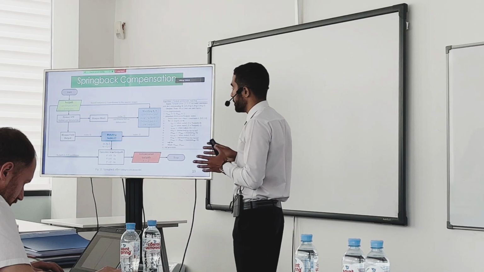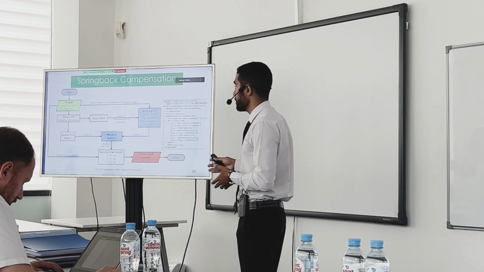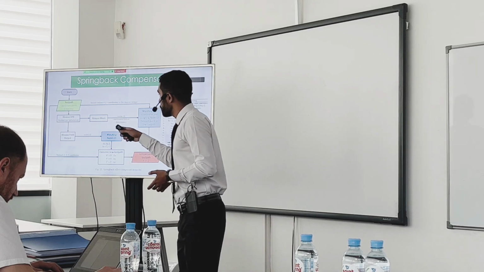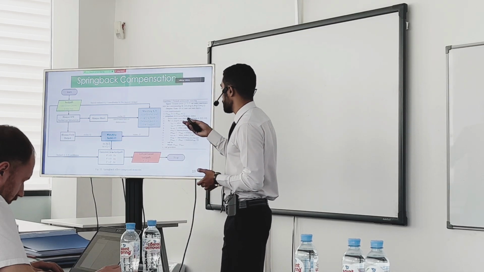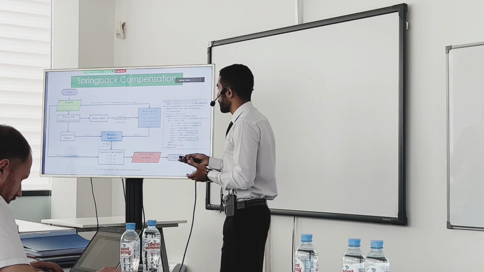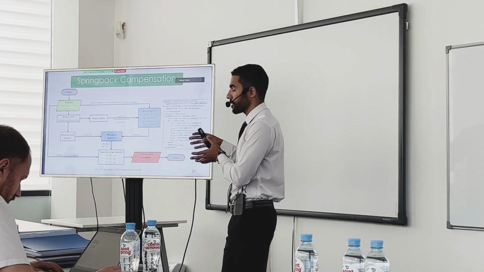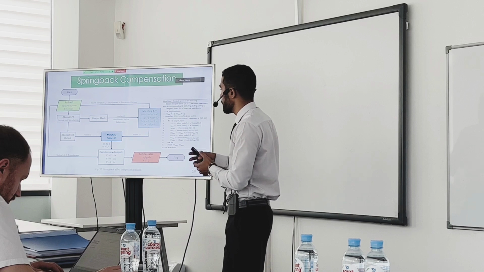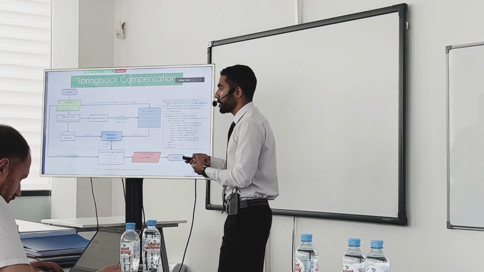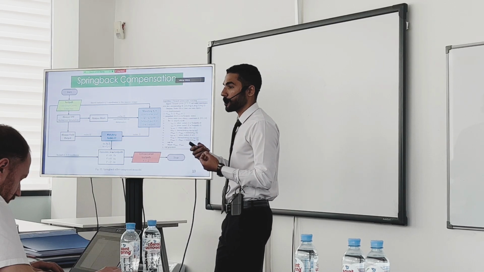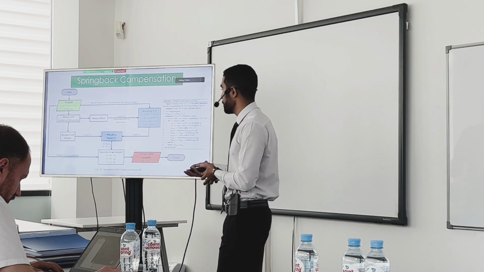So for the springback compensation model, this is the proposed model. It is purely based on the numerical simulation. You start with the toolpath, that green box, and then you perform the numerical simulation. Out of this numerical simulation, there is a meshing part in which you need to store the node IDs and the coordinates of these nodes before the deformation.